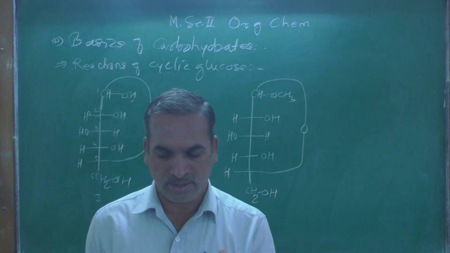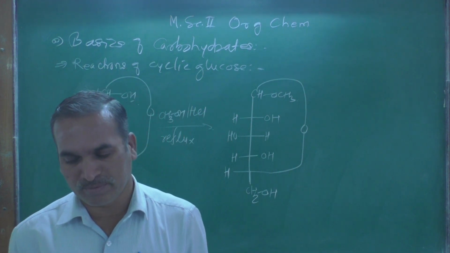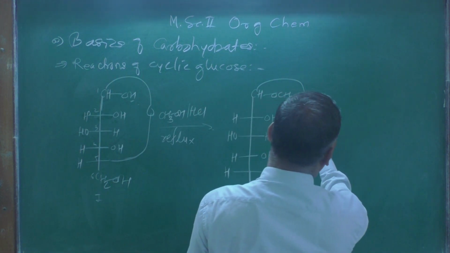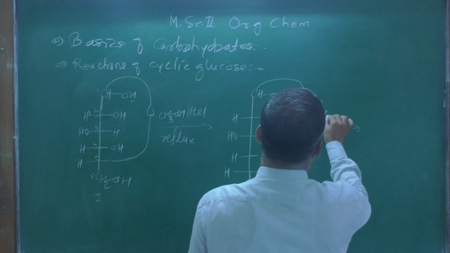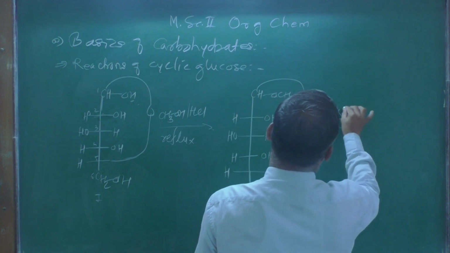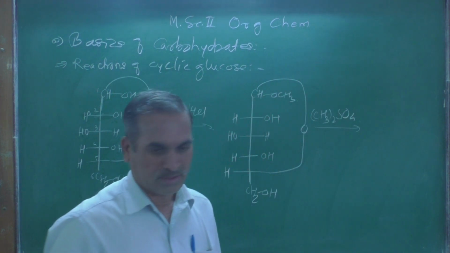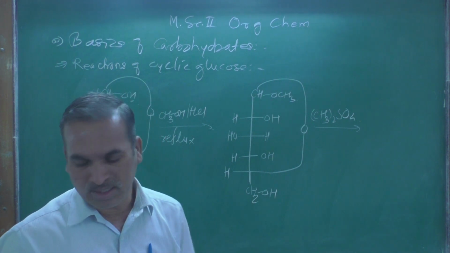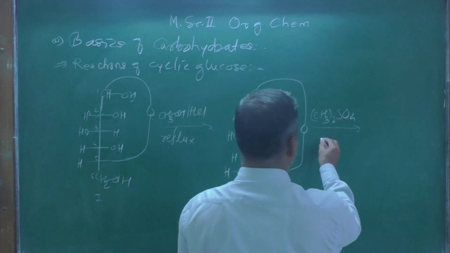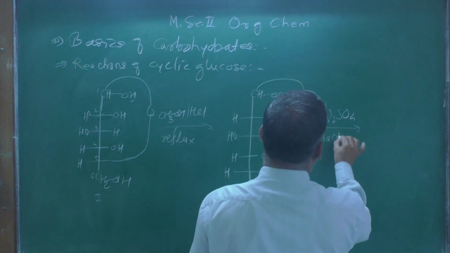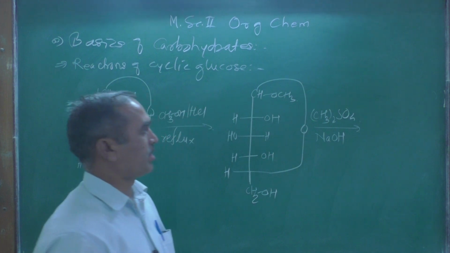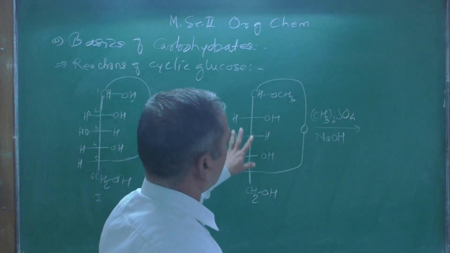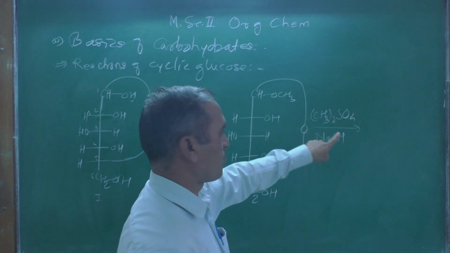When this compound is further treated with (CH3)2SO4, the compound named DMS, dimethyl sulfate, it is always treated in presence of sodium hydroxide, meaning alkali. What is the function of the alkali, or base, here?